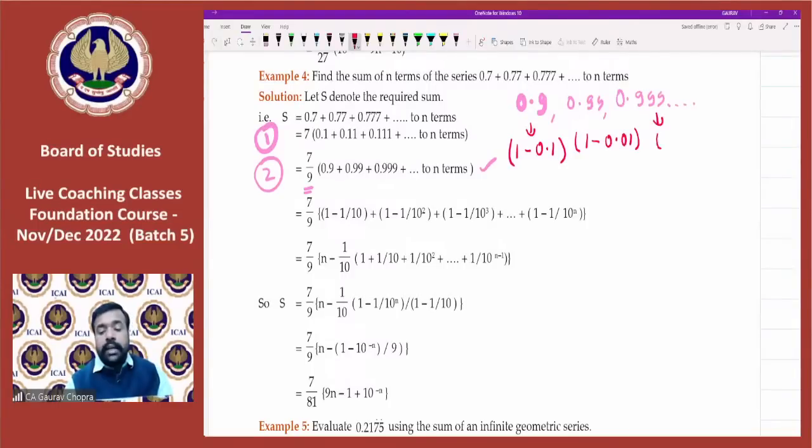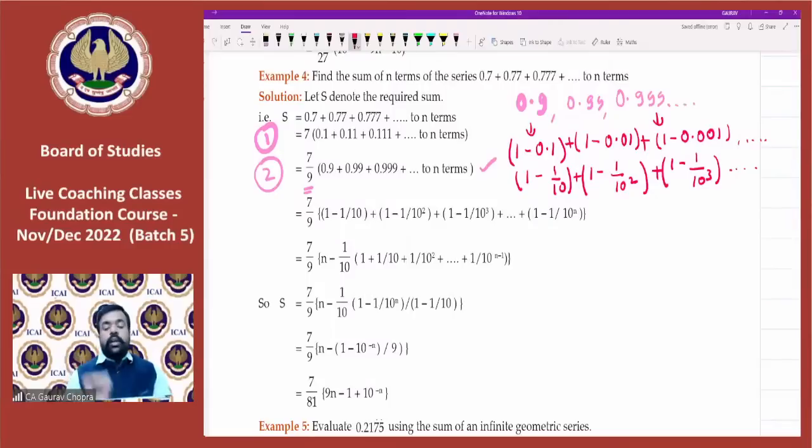Then 0.999 can be written as 1 minus 0.0001, and so on. If we try to write them in fraction, it can also be written as 1 minus 1 by 10, then 1 minus 1 by 10 square, then 1 minus 1 by 10 cube, and so on. In this manner, they can be written.